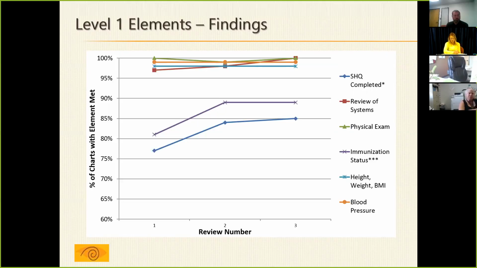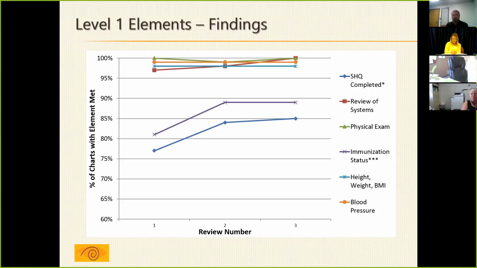So this graph shows the percentage of comprehensive well exam charts that met each of the level 1 quality elements. And as you can see, the majority of the elements were met, and most of them fell above 95%. Whereas there were two areas for improvement here, and as we can see, there was definitely improvement shown across the course of the school year.